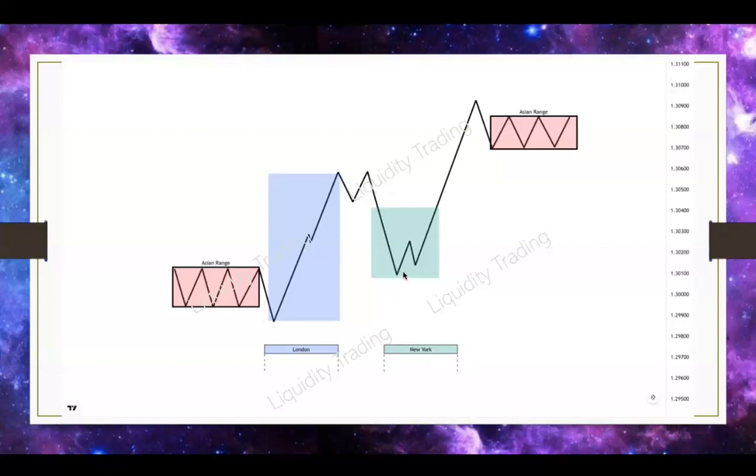Now in the New York Kill Zone, we would be expecting the market to arrive into our retracement area, and in New York we would be looking at buying opportunities for the rest of the day to continue in the bullish direction.